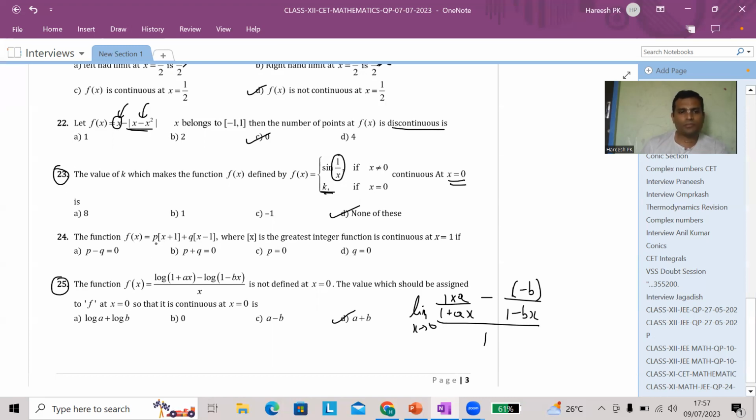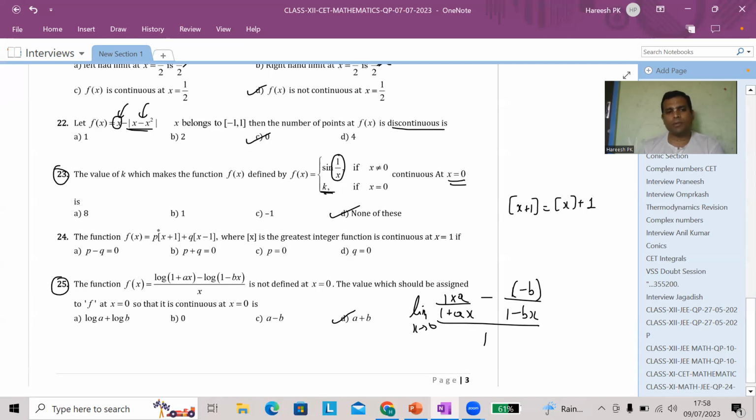24th one, the function p times greatest integer of x plus 1 plus q times greatest integer of x minus 1 is continuous at x equal to 1. So if it has to be continuous at x equal to 1, what is the condition? This is again quite easy. Let's use this property that greatest integer of x plus 1 is nothing but greatest integer of x plus 1.